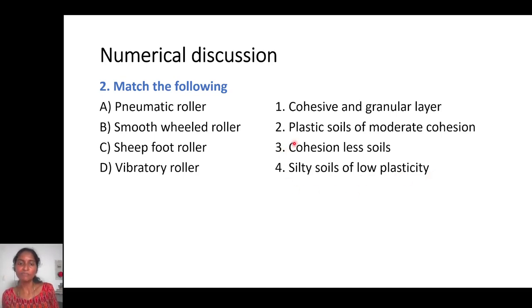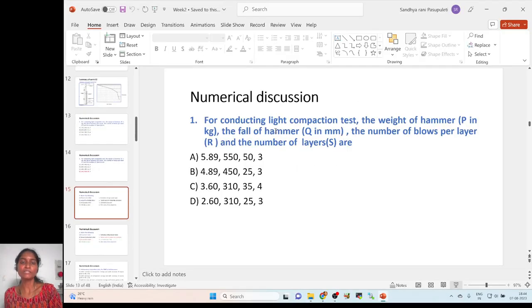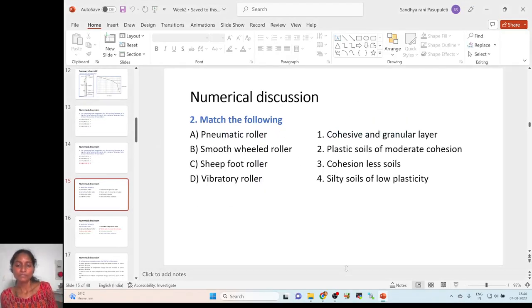Third is already eliminated. So out of 1 and 2, cohesive and granular, plastic soils of moderate cohesion, sheep foot roller is used for either 1 or 2. Anyone? Any guess? Sheep foot roller is either for 1 or 2.